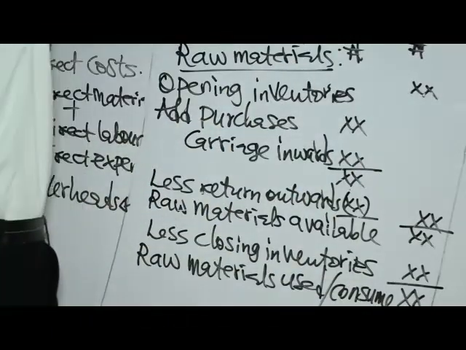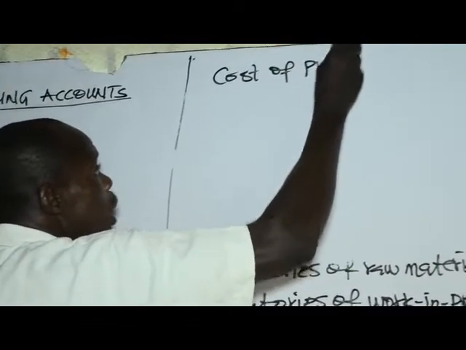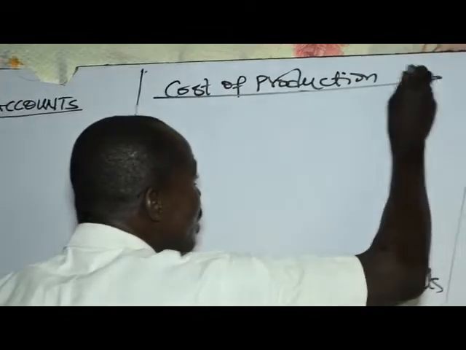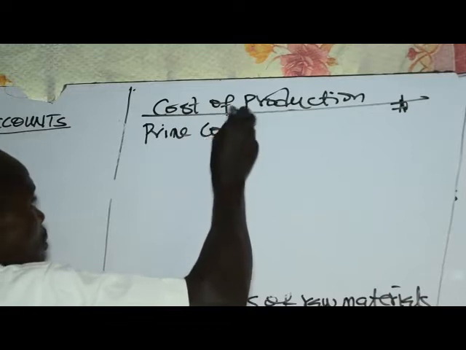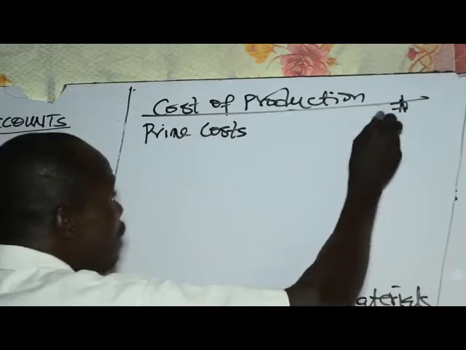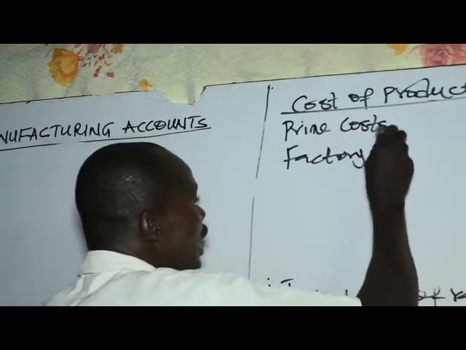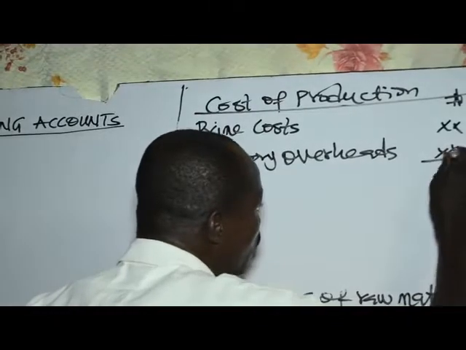Remember, I've told you that the cost of production comprises the prime cost plus the factory overheads. By the time you add your factory overheads to prime cost, you get your cost of production.